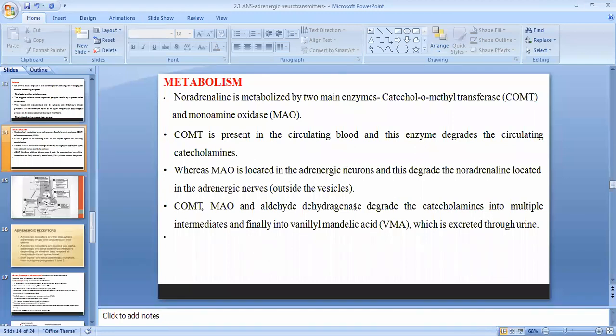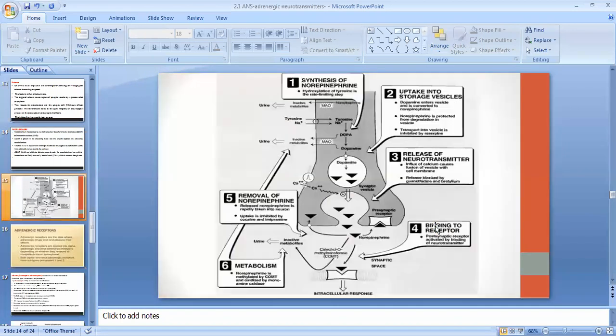So this is the mechanism of release of neurotransmitter.